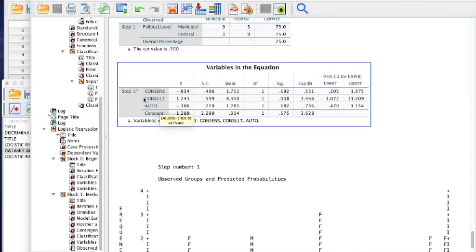So it's saying that the only variable that was a significant predictor of what political level the individual is at is their consultative leadership style. So this was significant.